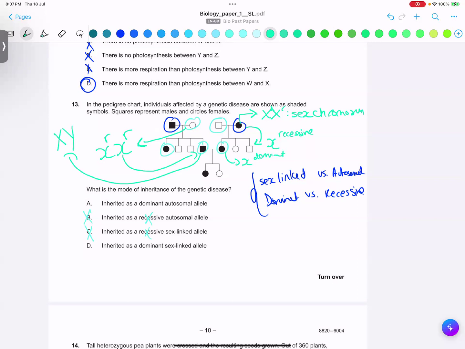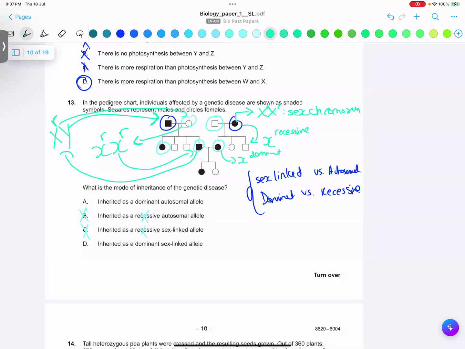The Y comes from the father, and the X comes from the mother, but the mother is recessive, hence she's homozygous. Hence, this is not sex linked because his X is R. So he cannot be affected.